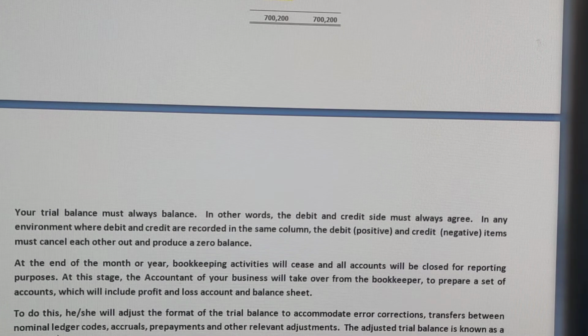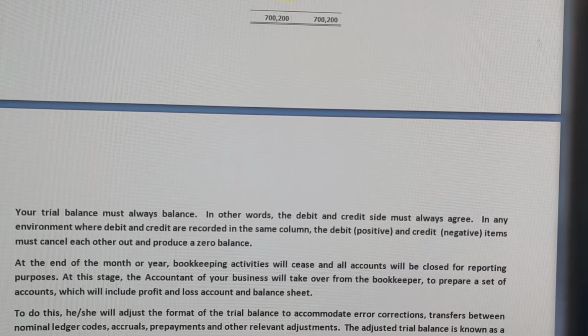So you need to make your accrual. That is what the accountant will do. Also, transactions may be sitting in the wrong account, and the accountant needs to move them out to the correct account. So, in order to carry out all these activities, the accountant will need to adjust the trial balance in order to accommodate what I've just talked about.